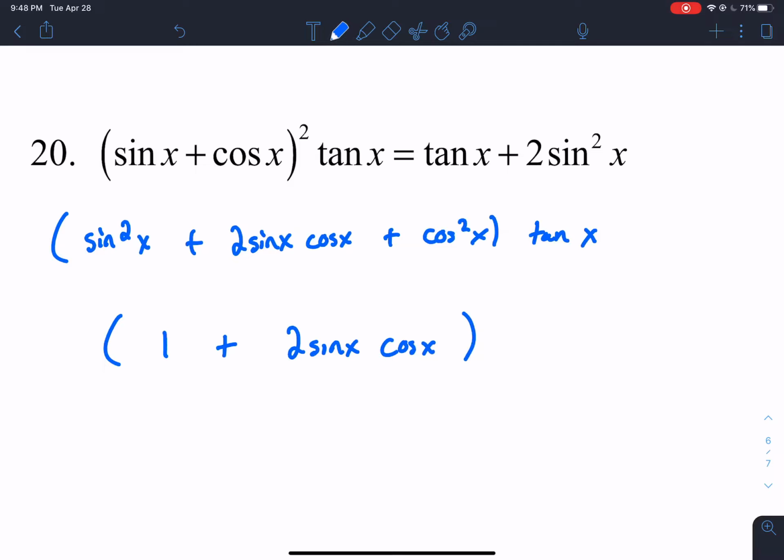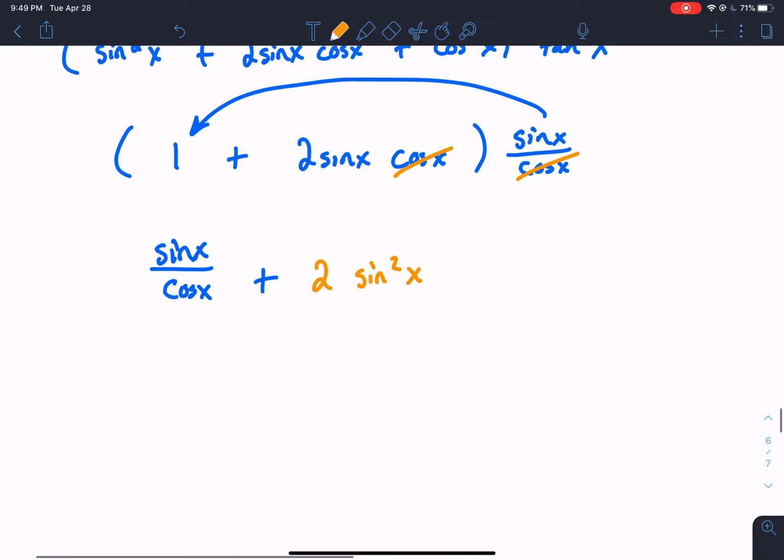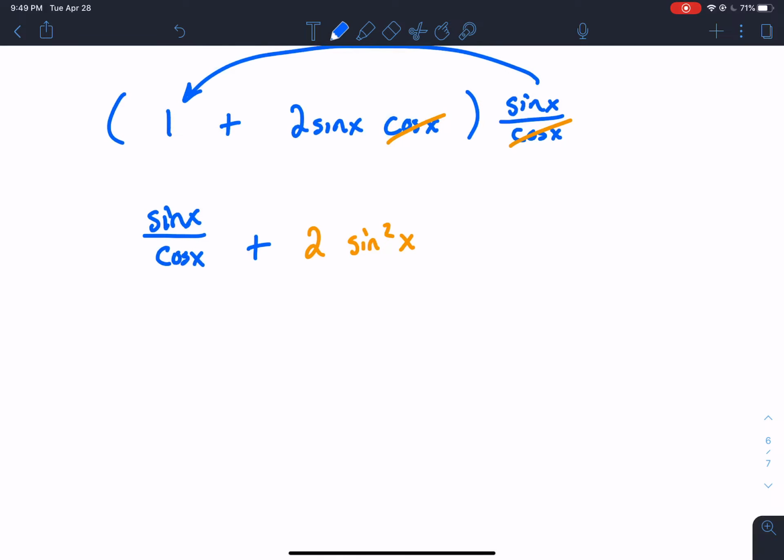Now we could probably change tangent to be sine over cosine, right? Now if you distribute, you're going to be left with sine over cosine plus, when you do 2 sine cosine over cosine, the cosines are going to cancel. So then you're left with just 2 sine squared, right? And you already know that sine over cosine is tangent. So there you go.